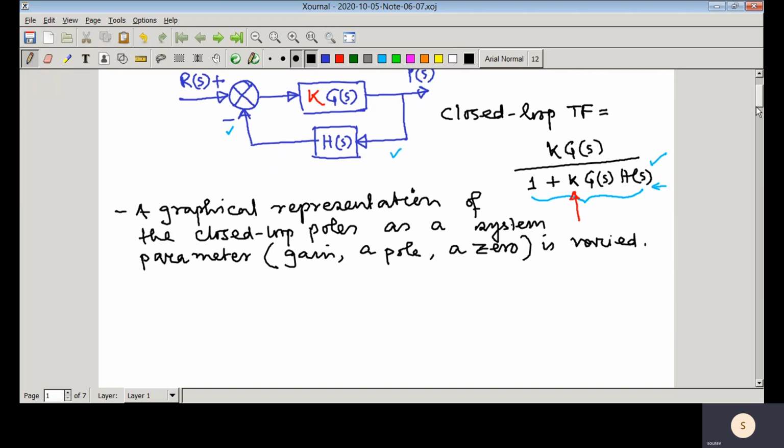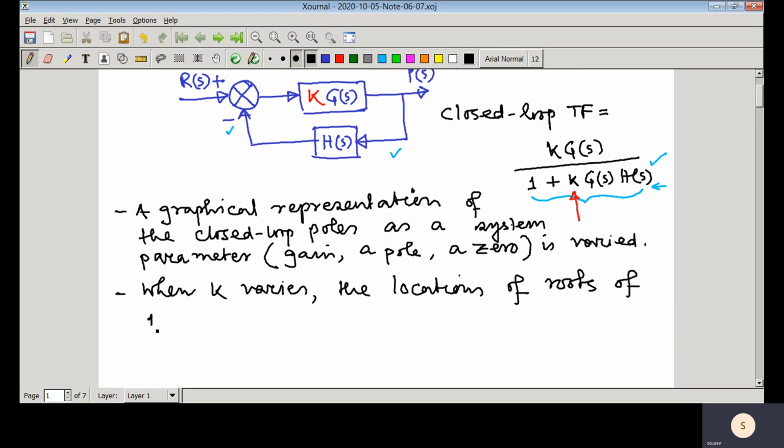So from the closed loop transfer function, we can say that when K varies, the locations of the roots of 1 plus K G(s) H(s), which is the characteristic equation, also vary.